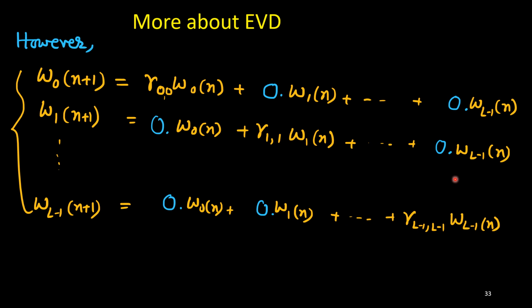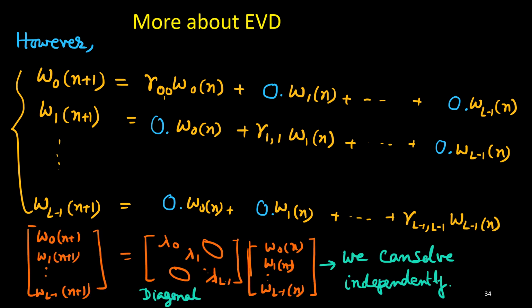So there we can use eigenvalue decomposition to make a diagonal form. Let us see that procedure. This is your Wn plus 1, this is your Wn vector. If the matrix is diagonal, then easily we can solve it independently, right?